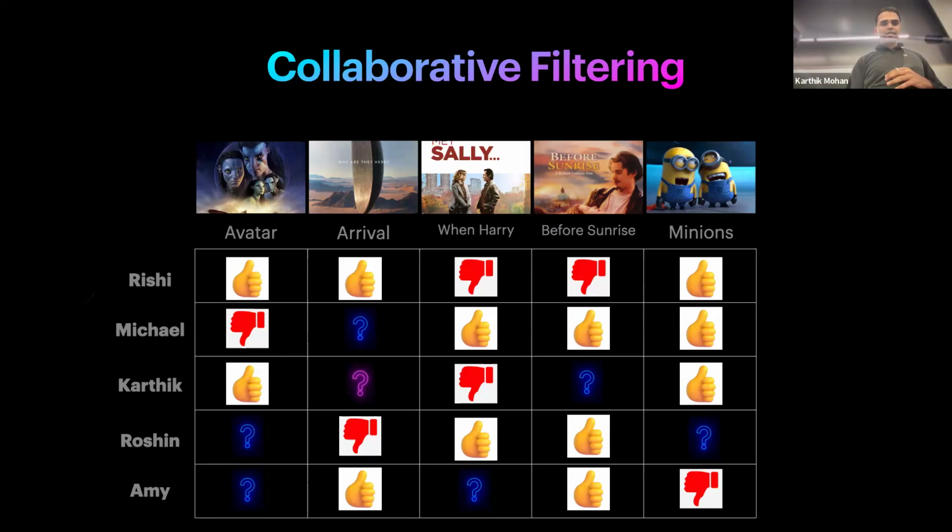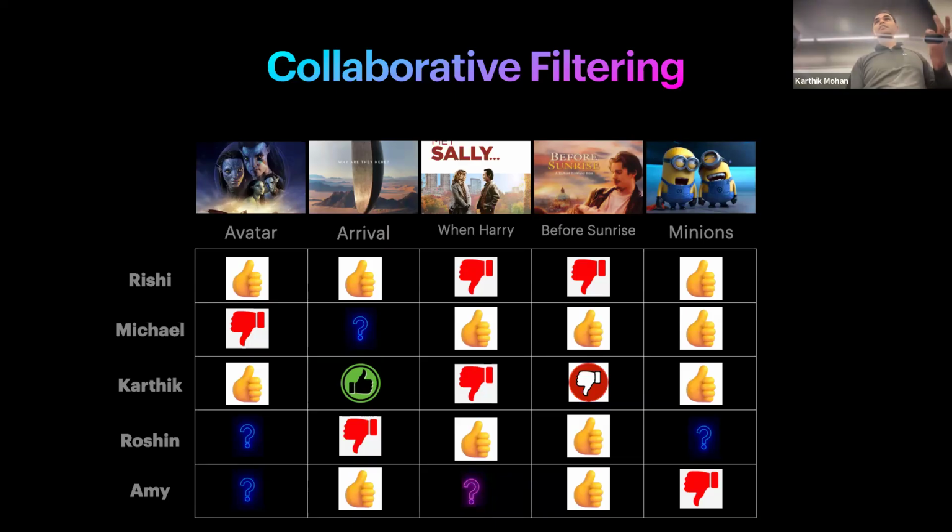I can predict a like for Arrival because I kind of connect with Rishi, right? So that's collaborative filtering. In the simplest sense, with just one other user or friend, you can predict your missing ratings. And I can do the same for the other movie and say, okay, I probably dislike Before Sunrise.